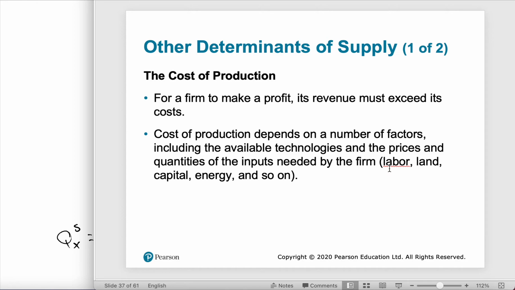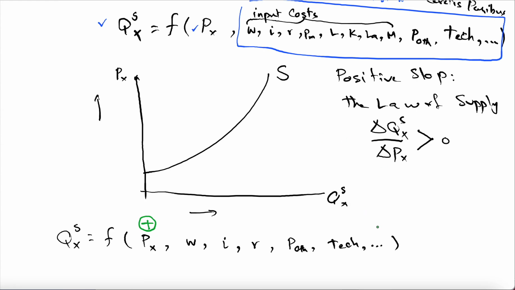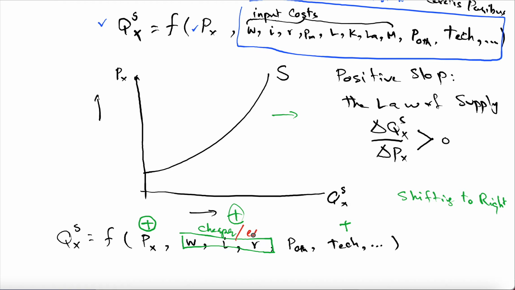It can be positive or negative, but usually improvement of the technology is positively affecting, shifting to the right. Shifting to the right of the supply happens if the factors of production become cheaper, it's positive. If they become more expensive, it's negative.